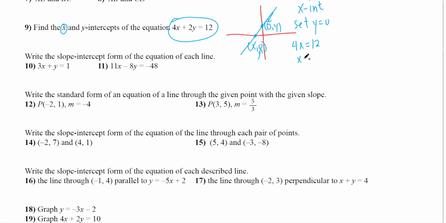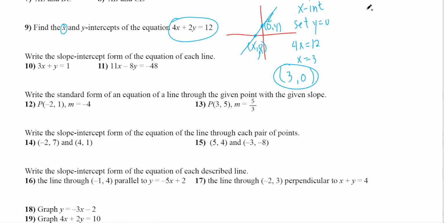What's x equal to? 3. But we want to write it as an ordered pair. Don't just write x equals 3 and that's your answer. Write it as an ordered pair. So what would the ordered pair be? Well, x is 3. What's the y? 0. So that's my x-intercept right there.